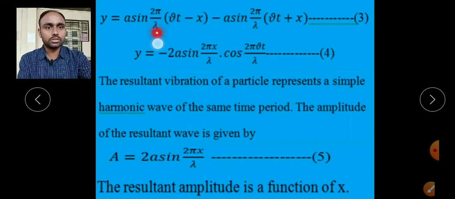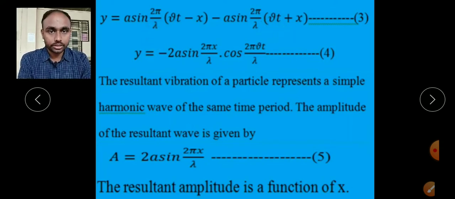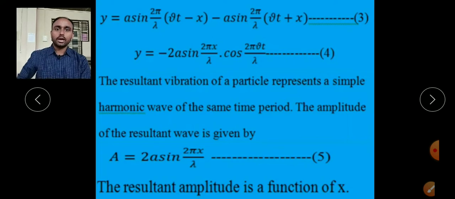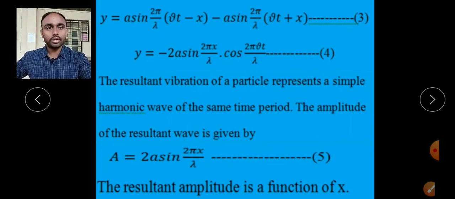The plus v t and minus v t cancel, and what remains is minus x plus minus x, that is minus 2x, divided by 2, that is why it will be minus x. So what we got here is 2a as it is, and sin minus of 2 pi x by lambda.